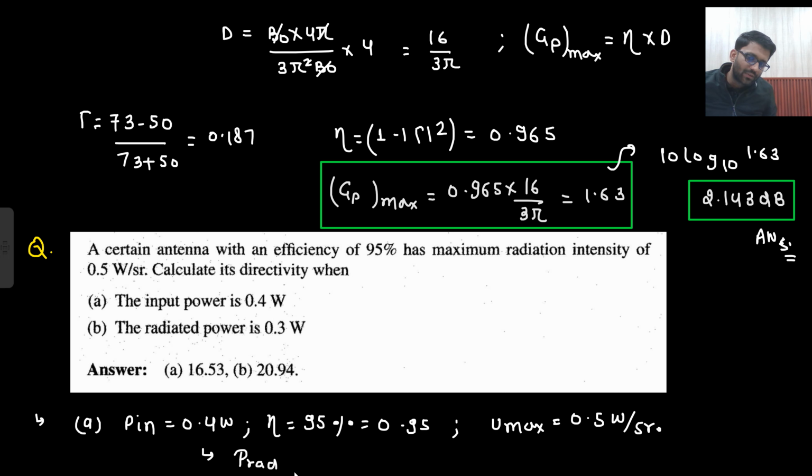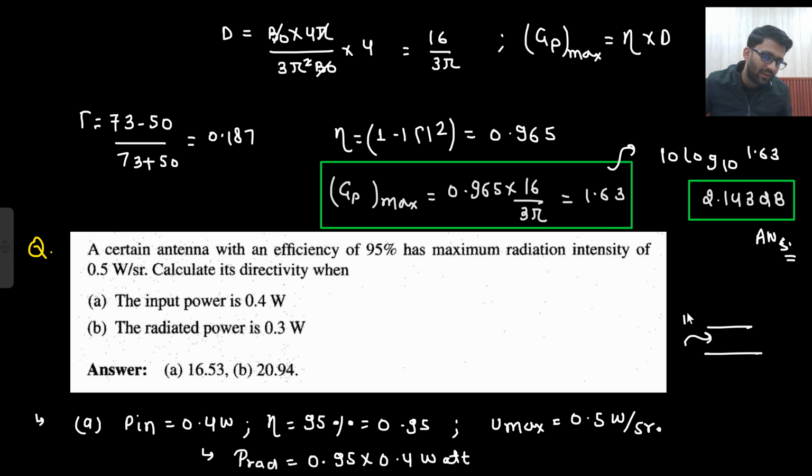Power radiated will be equal to efficiency into the input power. Say yes or no? Right? Power radiated, what would that be equal to? This is the input power, and how much power will your antenna radiate? The power the antenna will radiate is eta into P in.